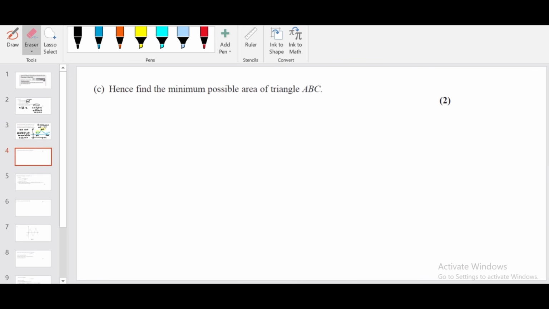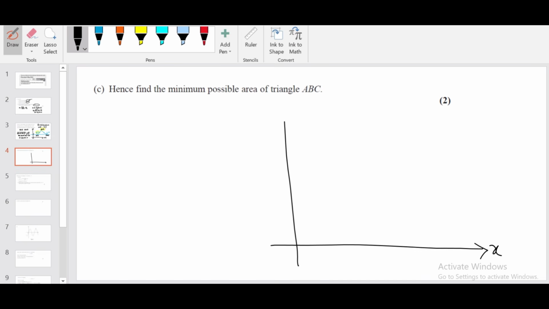Hence find the minimum possible area of triangle ABC. I'm going to draw the figure again here. It's the x-axis, origin, y-axis. We got the straight line y is equal to 2 here, and we got 2 points.